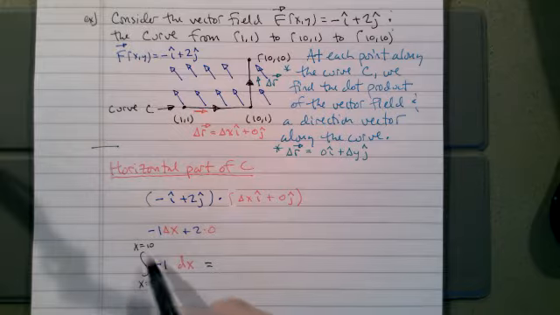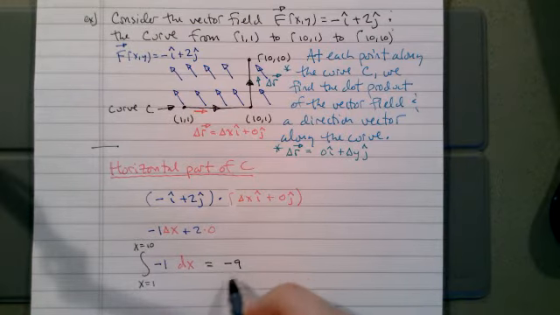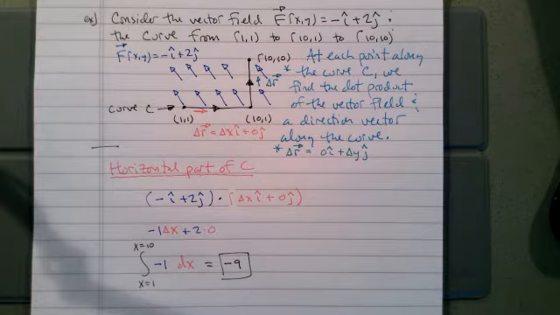So we get, this is 9, so negative 9. Any questions? Finding the dot product of the vector field and a little piece of the direction vector.